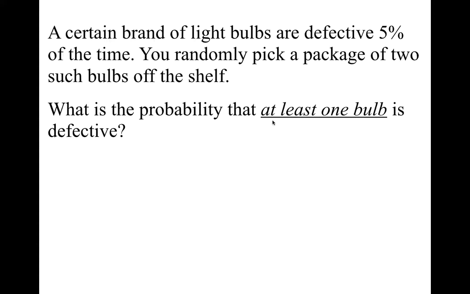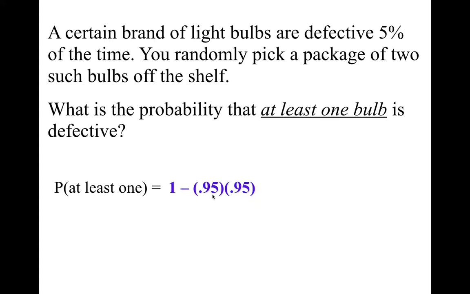So in order to find at least one bulb being defective, we need to do 1 minus the probability that it is not defective twice, because we're looking at 2 independent light bulbs. They're in the same package, but they're independent of each other. So the probability of at least one bulb being defective is 1 minus 0.95 and 0.95.